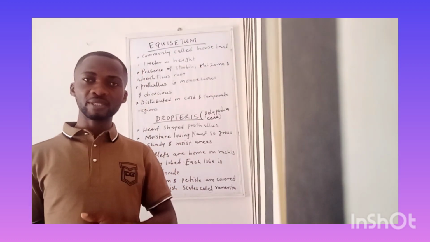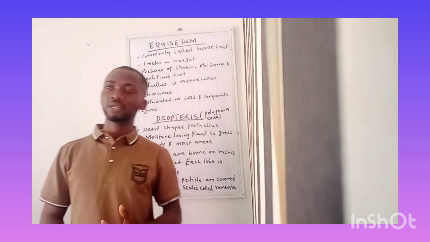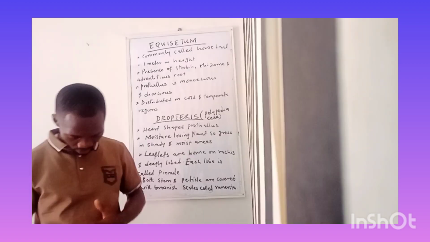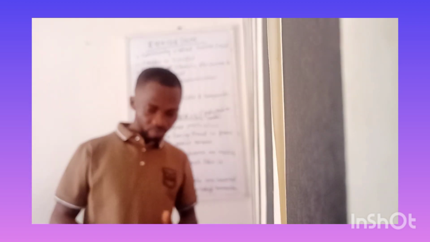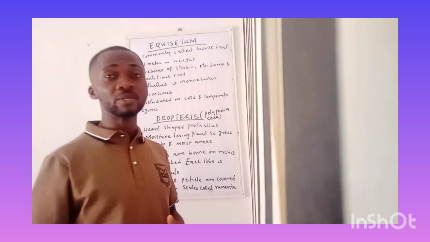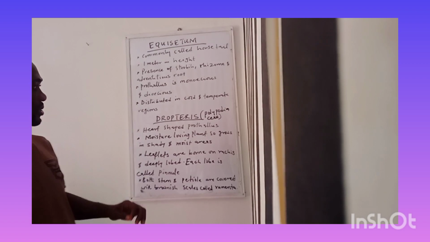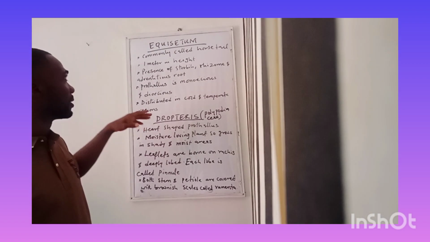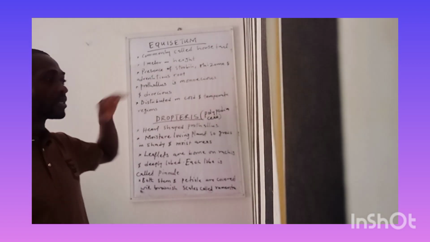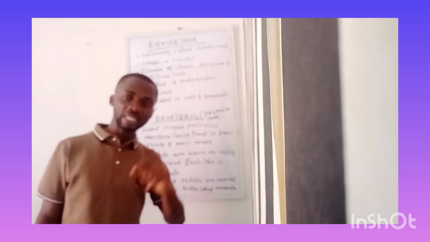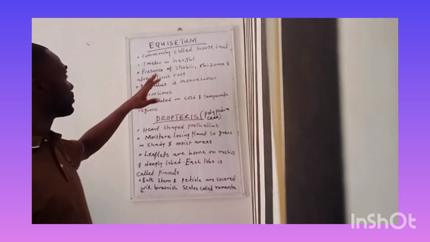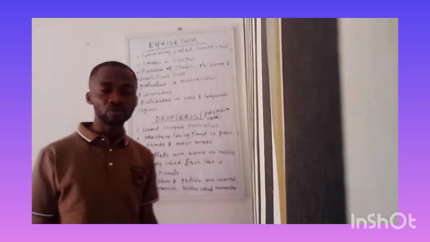We said that Pteridophyta has four different classes: the Psilophytinae or the Psilotopsida, the Lycopsida, the Sphenopsida or the Equisetinae, then the Pteropsida. So, in today's class, we just want to look at the representative of the class Equisetinae or the Sphenopsida. And these are the few characteristics of Equisetum.